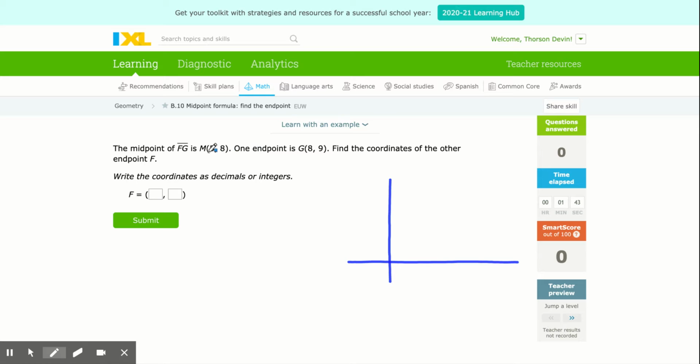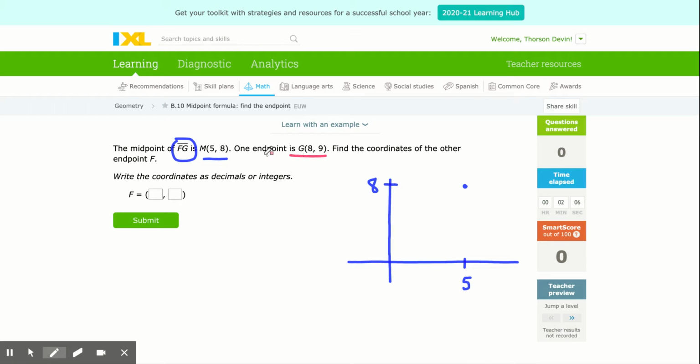So for instance, right here it says the midpoint of some line segment FG is (5, 8). That's the midpoint. So I come out here 5 units, I come up 8 units, and I graph that point. Now you don't have to necessarily graph it, but I'm doing this so you can kind of see. The endpoint, so I'm going to change colors now.